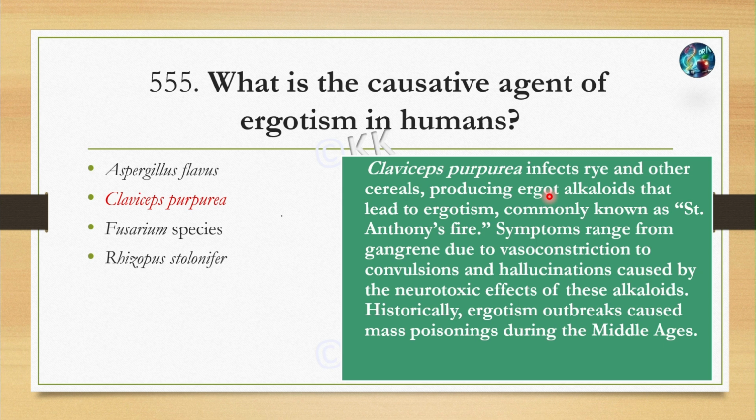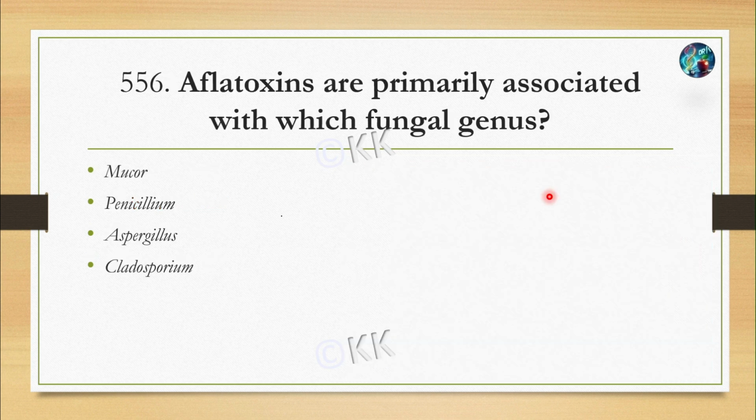Historically, ergotism outbreaks caused mass poisoning during the Middle Ages. Nowadays, ergot alkaloids and their derivatives like methylergometrine, etc., are generally used to treat uterine bleeding. So, let's ask our next question.